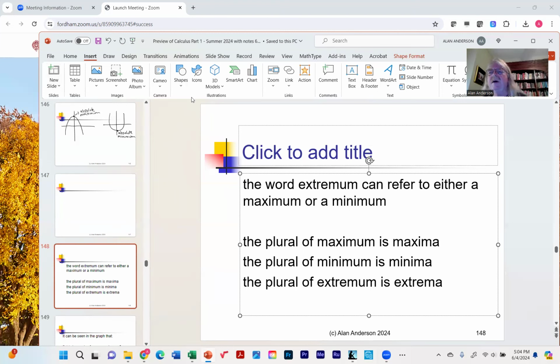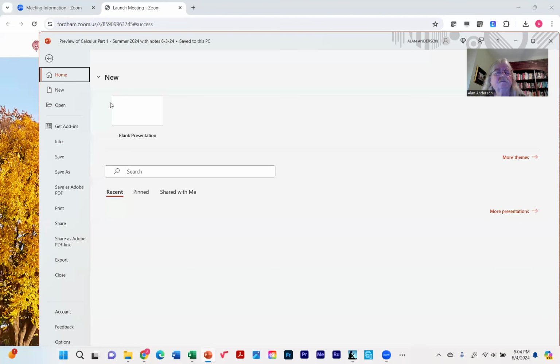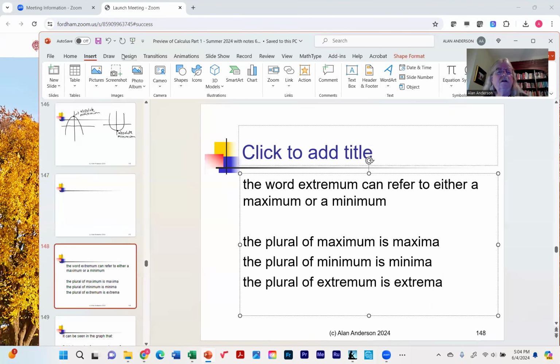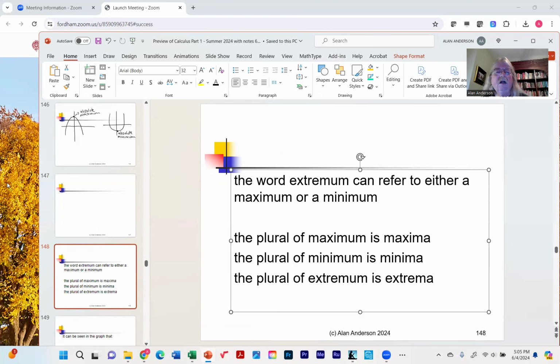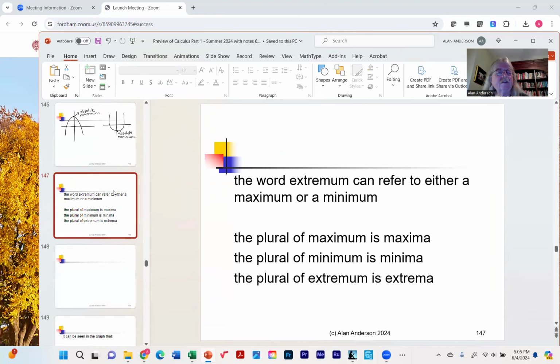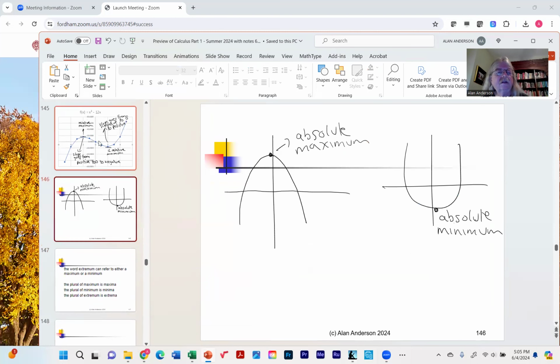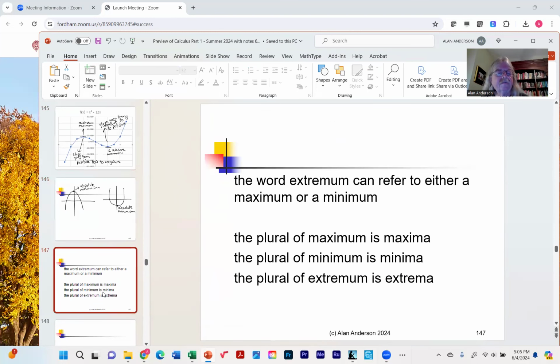It's easy to think of minimums or maximums. No, that's not correct. Maxima, minima, and extrema are the correct terms. All right, that was just meant to be a side note. Okay, let's get back to this.